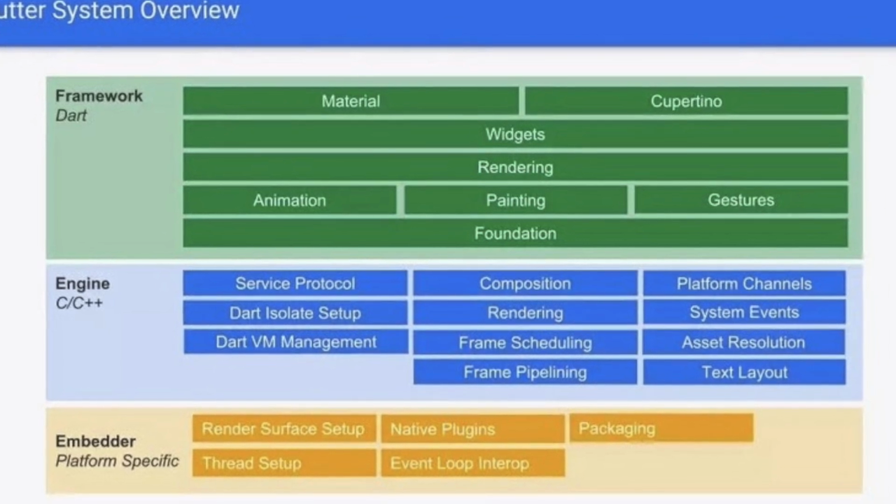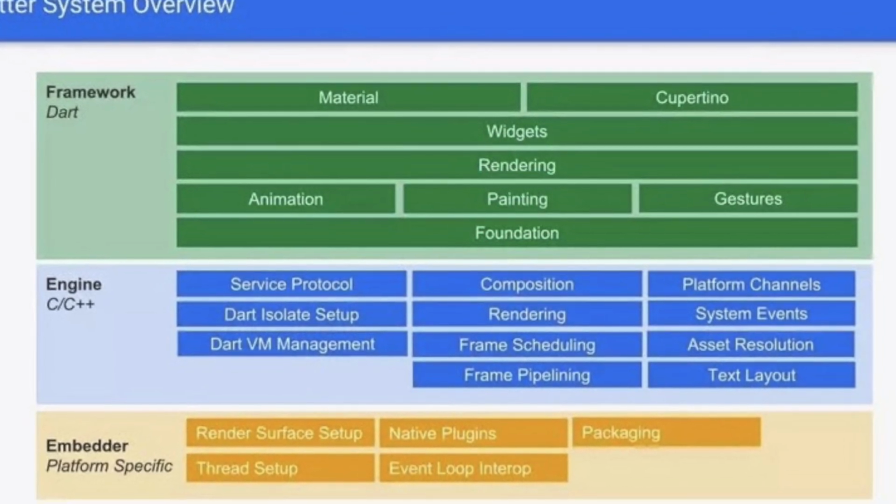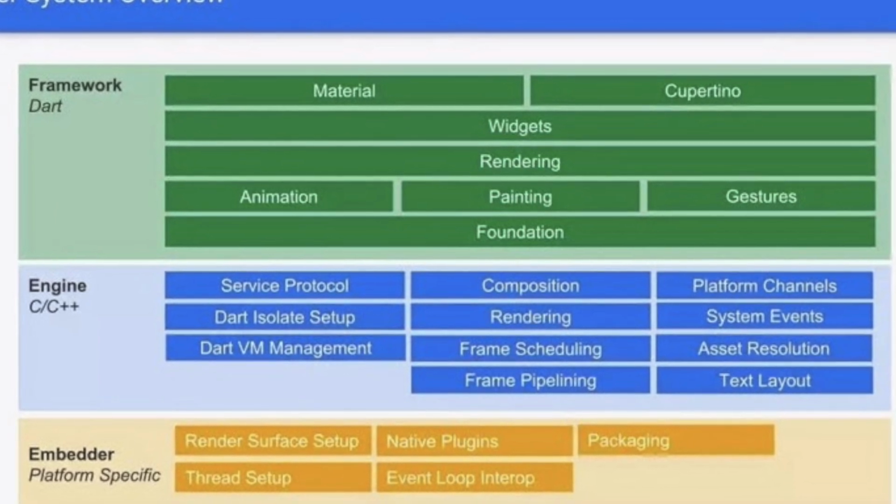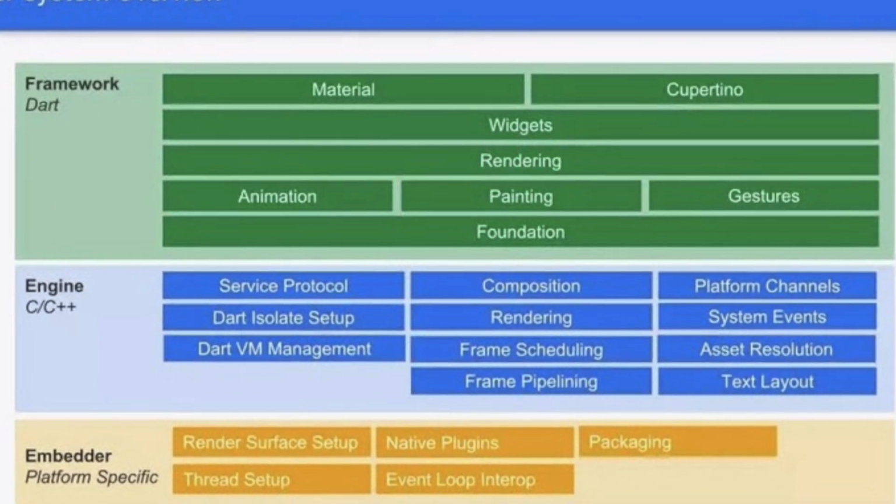So if you're building an iOS app, you may be using Swift. If you're building an Android app, you may be using Java or Kotlin, okay? And Flutter sits on top of that. As a result, Flutter cannot do everything. These plugins need to be written in this native platform-specific language.